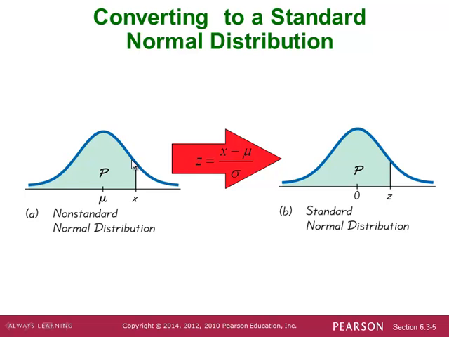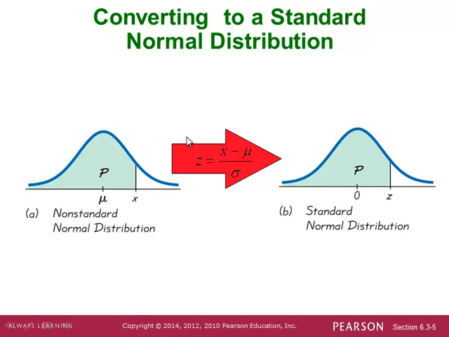Now, when you take a non-standard normal distribution or any other distribution and you take all the observations in that distribution, and you take each value, subtract the mean, and divide by the standard deviation, you end up with a new distribution that actually has the very same shape. It does not affect the shape. It just relocates the center to 0, and it gives you a standard deviation of 1.